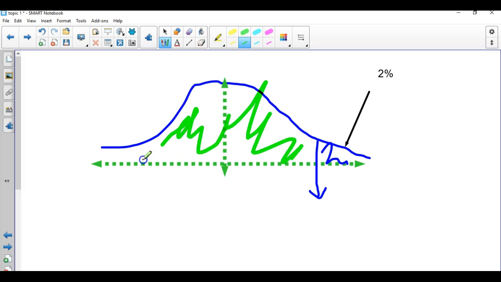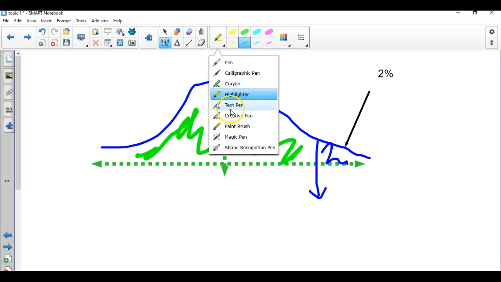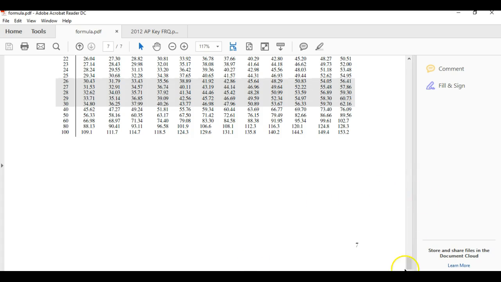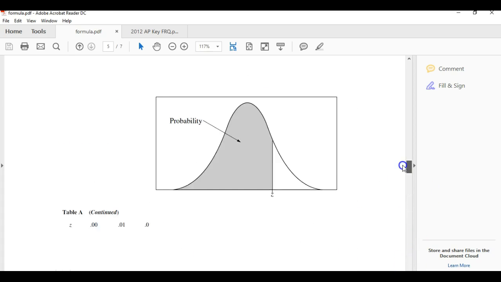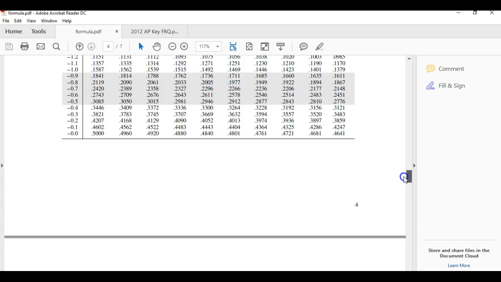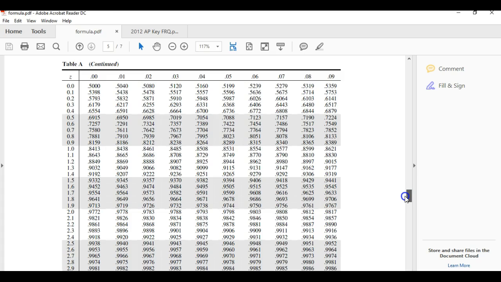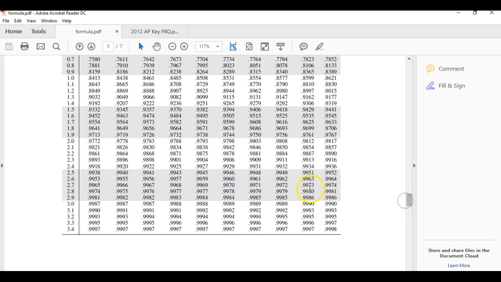So I'm going to go to my z-chart now, and I'm going to find the z-score for that area. When I go to my z-chart, I'm going to look at 98%. What z-score gives me a 98 percentile?